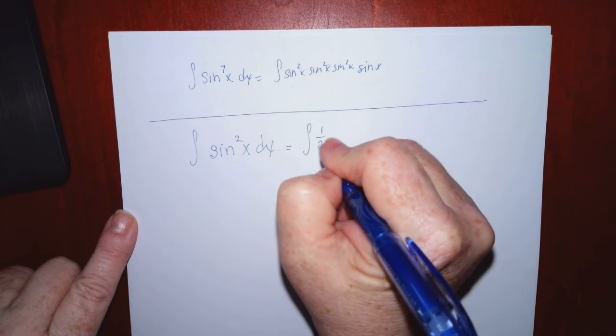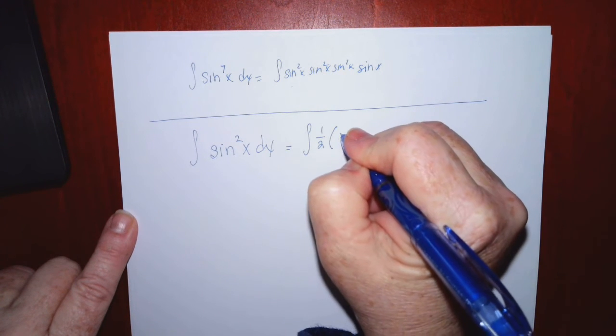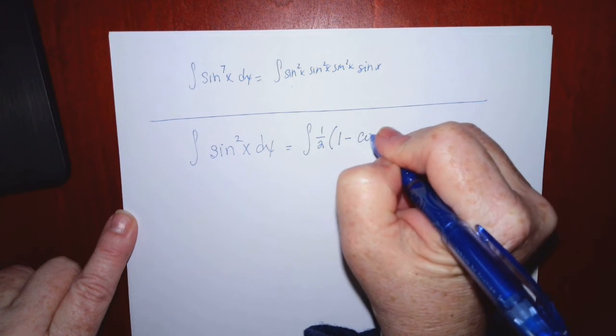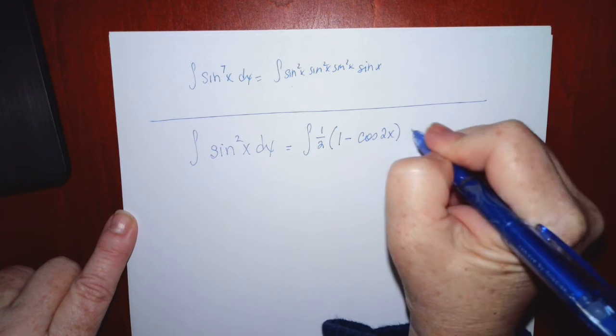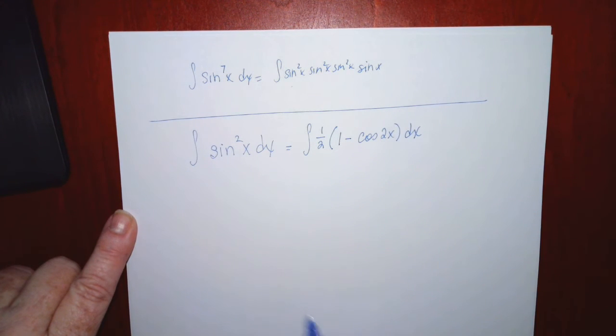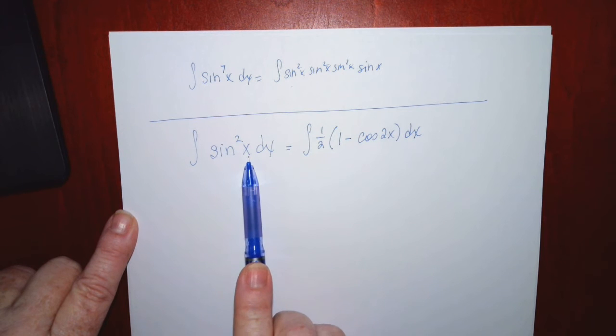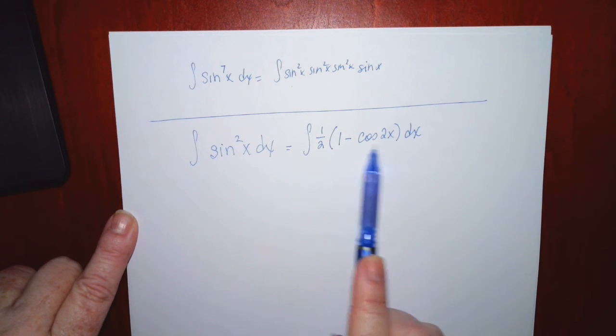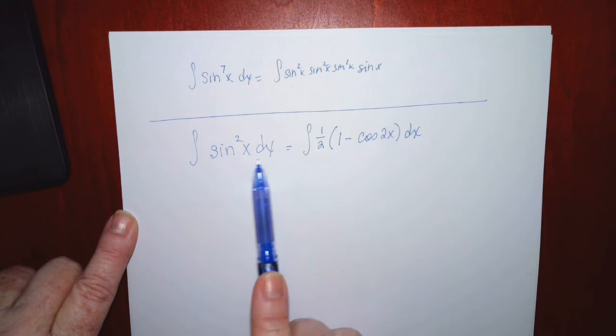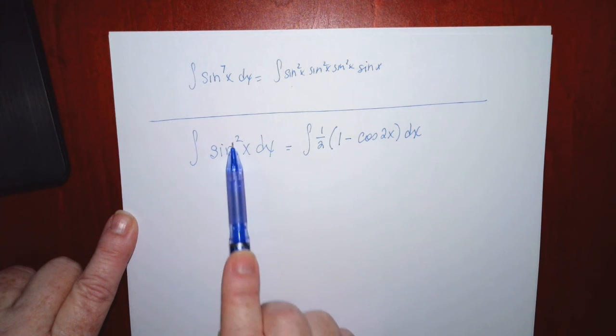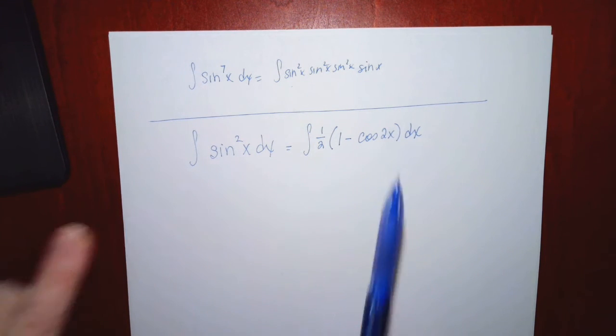And that would be 1/2 of 1 minus cosine of twice the angle. So if that had been a sine squared of 4x, this would be a 1 minus cosine of 8x. Half the exponent, double the angle.